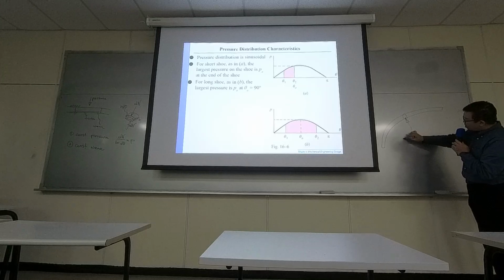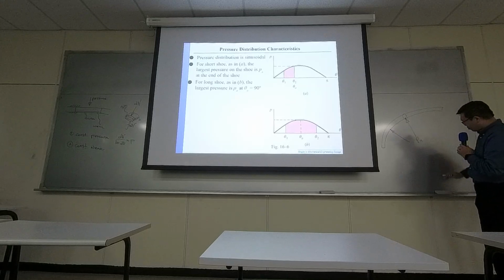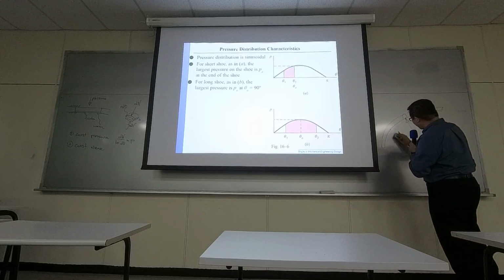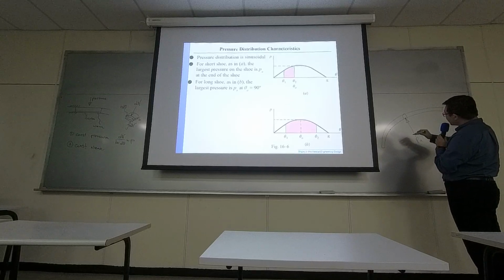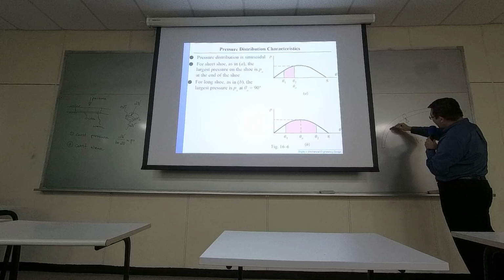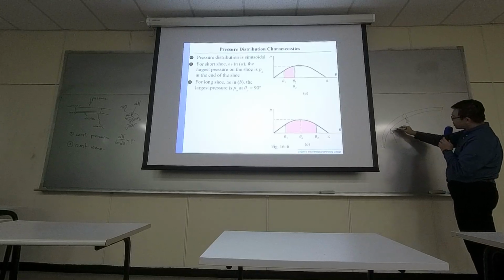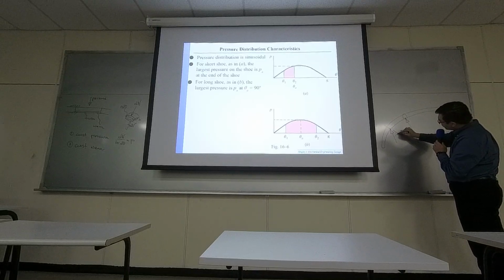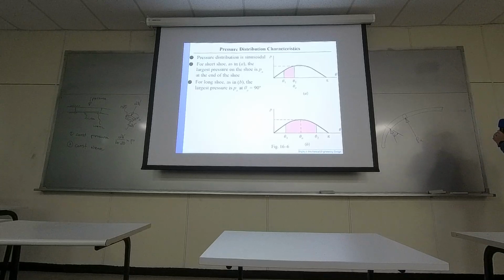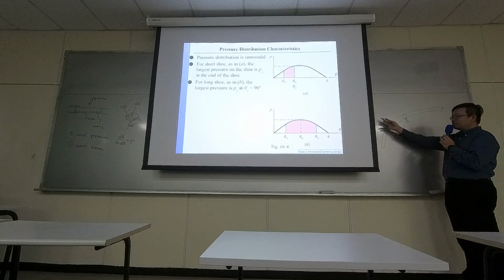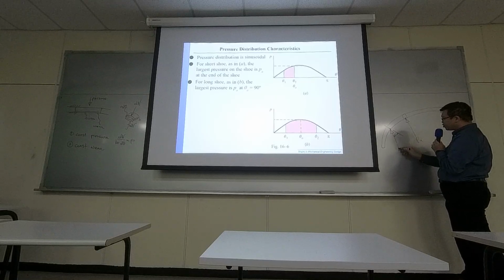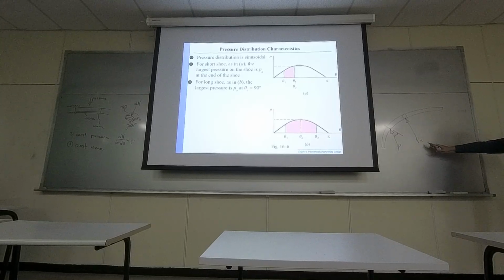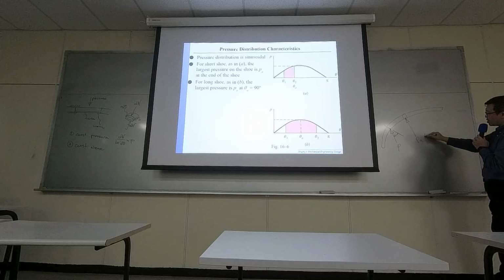But when your force is at an angle, so let's say your force is at a certain angle against your normal direction, then your pressure won't be as high as the normal one. So PA is the max pressure.